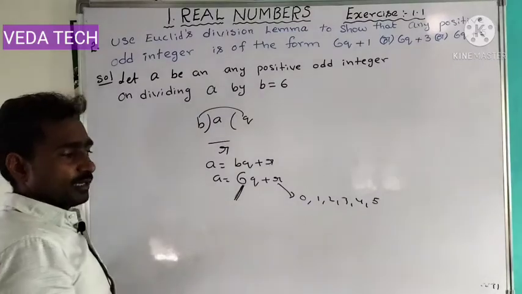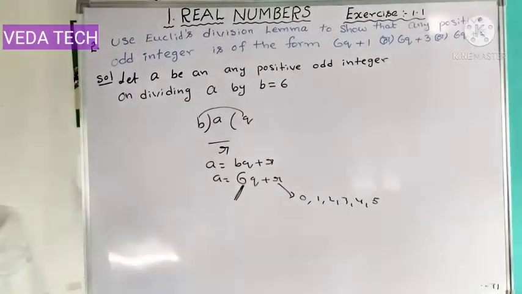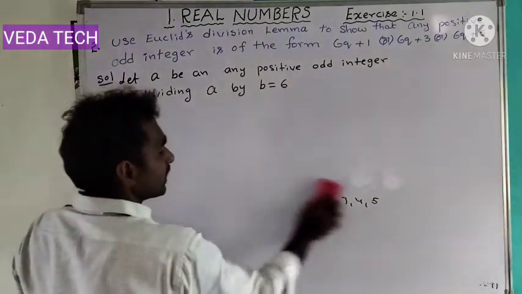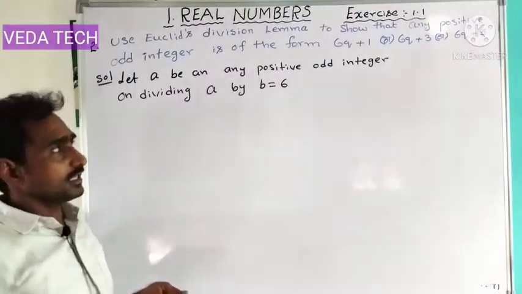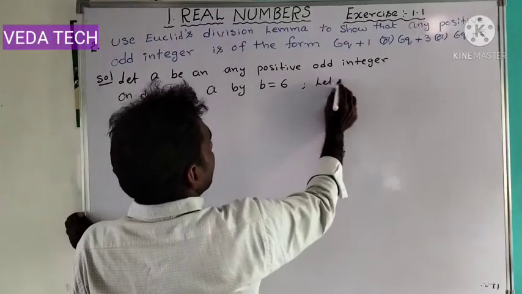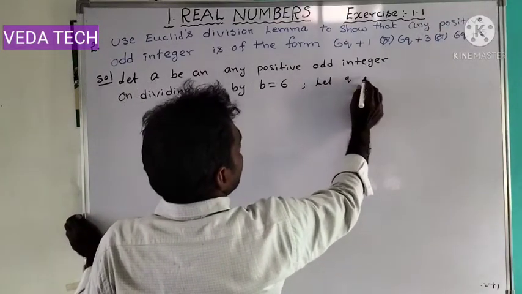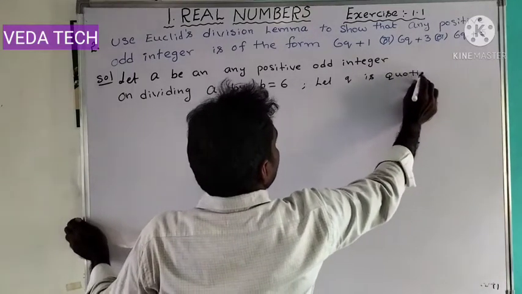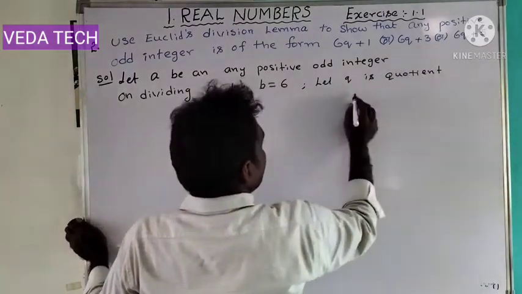Okay, possible values. So now there exist q and r. q is a quotient, r is a remainder.